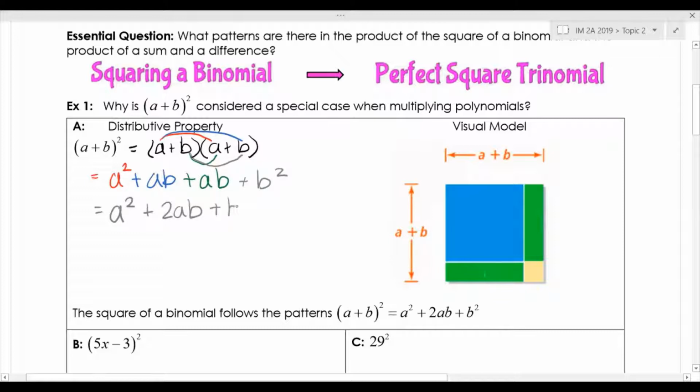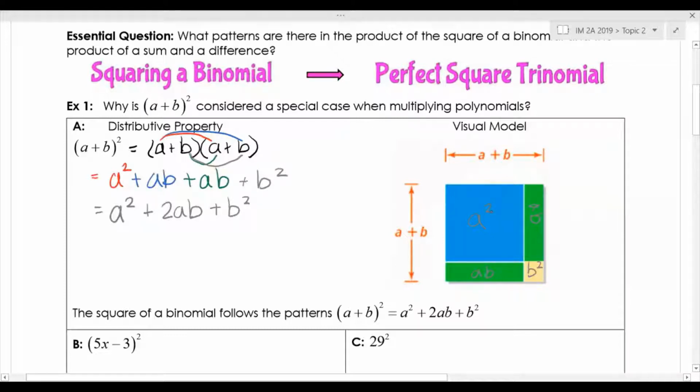and a b squared. So visually, if this is a plus b, this would represent ab, right? So see how we have two of them. This would be a b squared, and this would be an a squared.